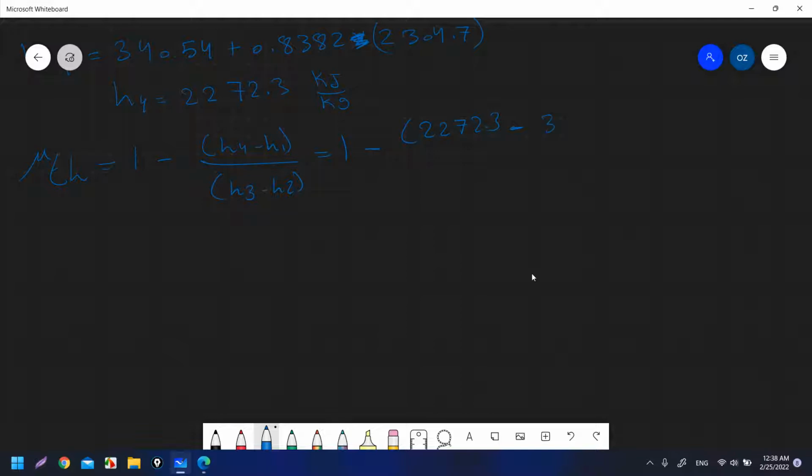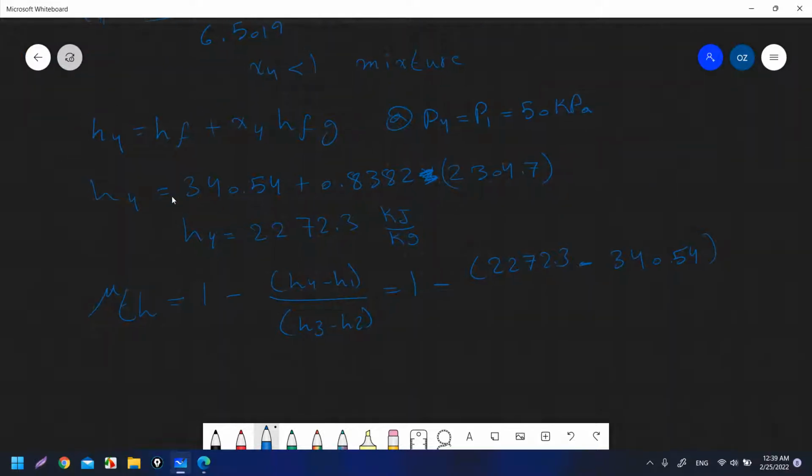At the beginning it was 340.54, and as you can see in this equation, HF is 340.54 and H1 is 340.54. Usually you will see it again: HF is equal to H1, unless you have subcooling, which will be different. But to have an indication that your solution is right, HF is equal to H1 when you don't have subcooling, when state 1 is at saturated liquid.